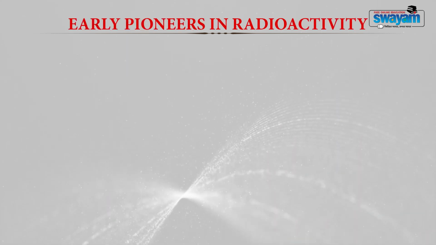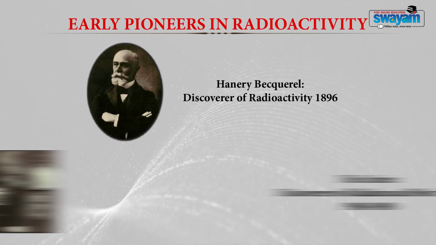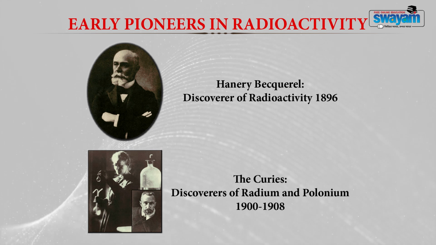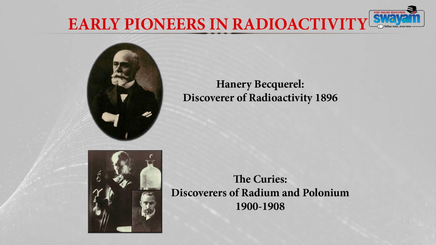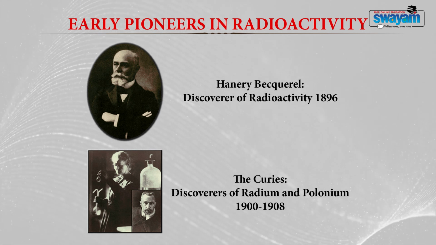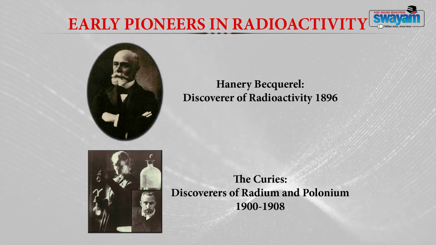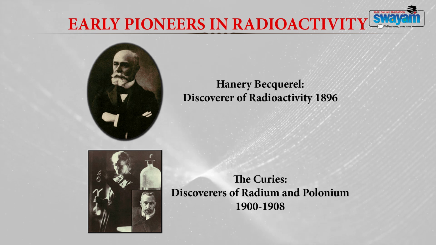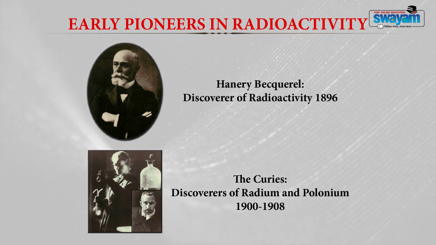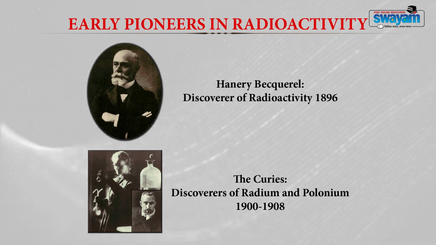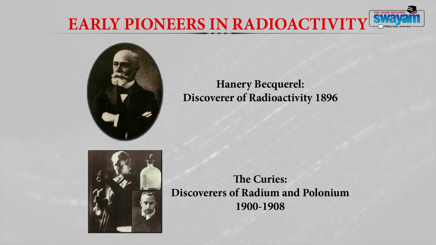When we talk about radioactivity, the concept was given in 1896. Radioactivity was discovered by three great scientists, Henri Becquerel, Marie Curie and Pierre Curie. All three were awarded the Nobel Prize.